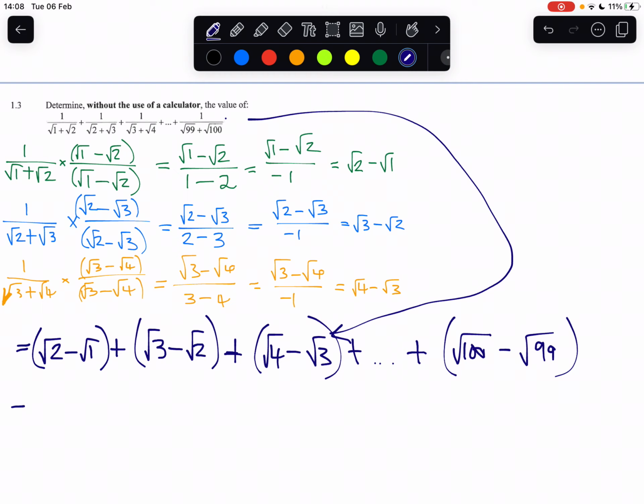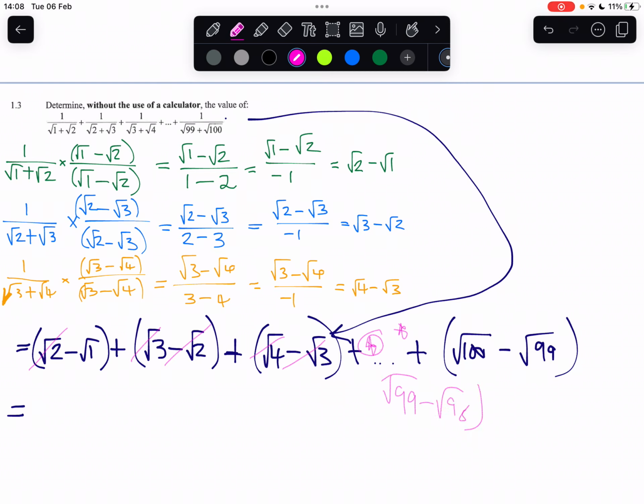Right, so what's going to happen is we're going to end up with some cancellations, right? Because we've got a positive root 2 here and a negative 1 over there, and a positive root 3 over here and a negative 1 over there. And then we're going to have a positive root 4 and a negative 1 in here somewhere. And over here, there's going to be a term that is root 99 minus root 98.